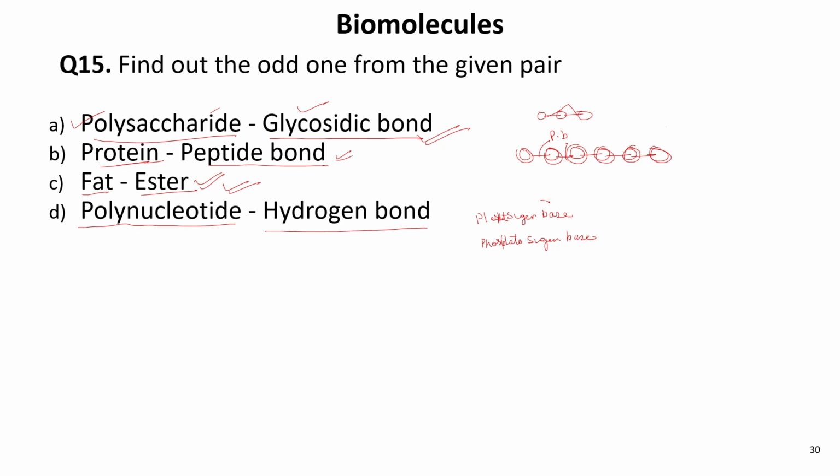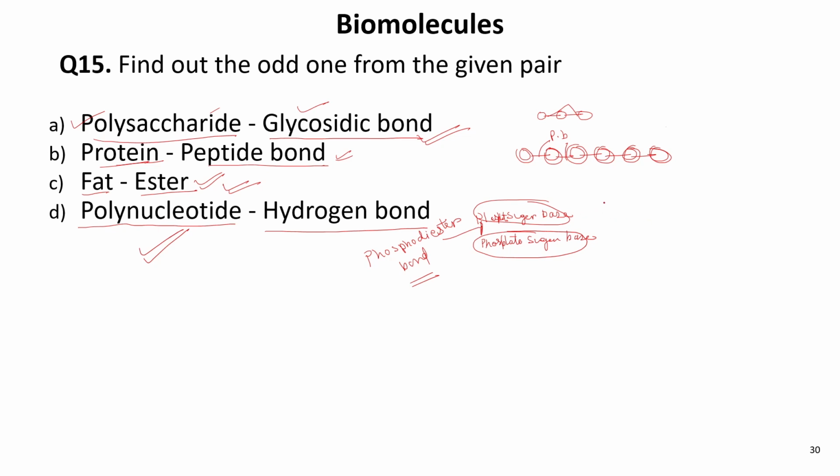So this is one nucleotide and this is the second nucleotide. These nucleotides are joined here by the phosphodiester bond. Phosphodiester bond. And this forms the polynucleotide, not the hydrogen bond.